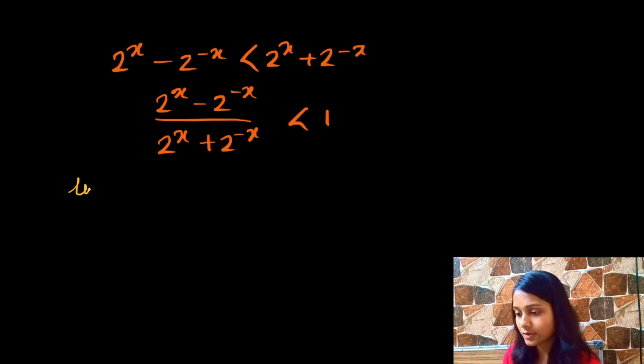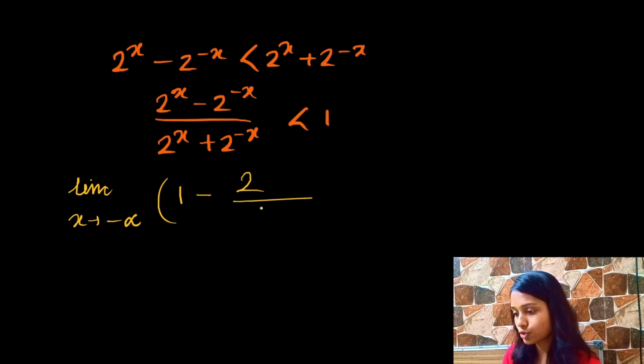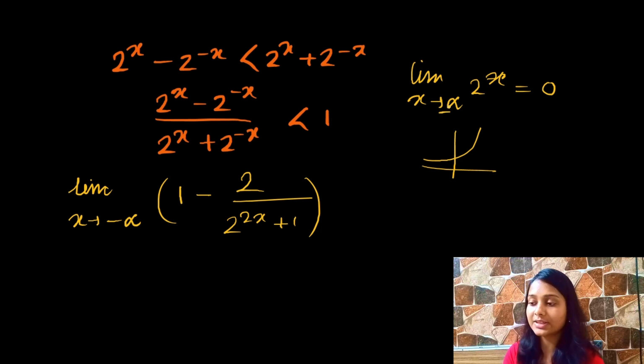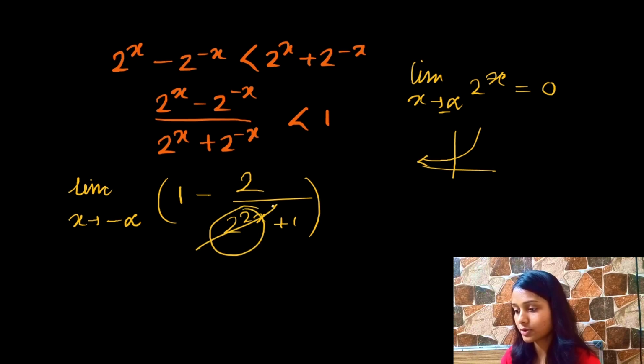So limit x tends to minus infinity. I can use that form, that will be much easier: 2^(2x) plus 1. The limit of 2^x as x tends to minus infinity equals 0, as this kind of function has this type of curve. So as x tends to minus infinity, this term tends towards 0. So we have 1 minus 0, but with the factor 2 the value gives minus 1.